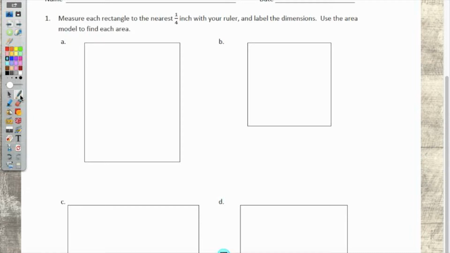So the very first length, Chloe, what is it? The length is 2. This is 2 inches, so you will write 2 inches. And you're going to have to stay with me. So put the rulers down and then pick it back up and then put it down and pick it back up. Okay, so now the width.